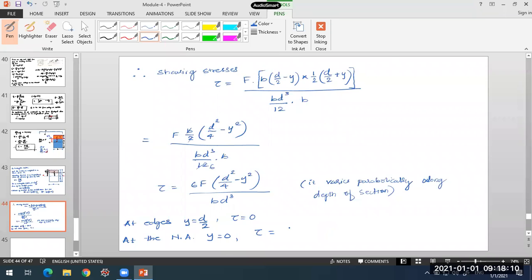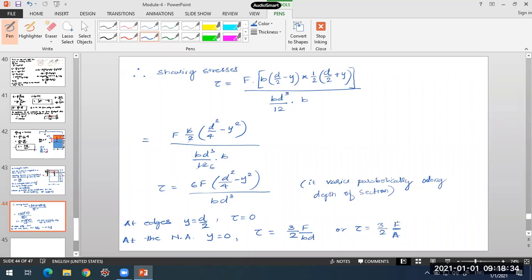Or if I reduce that, it will be 3 by 2 F upon b into d. Or I can even put it as tau is equal to 3 by 2 into F upon A, because b into d is nothing but the area of our rectangle.